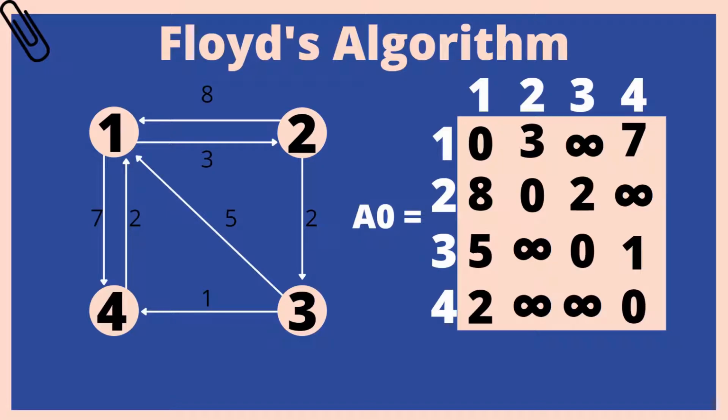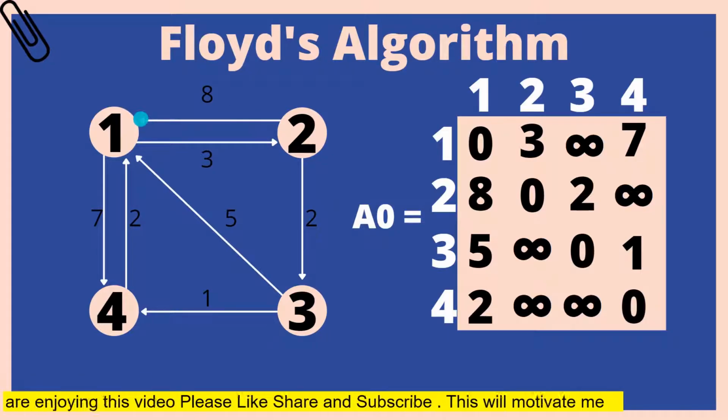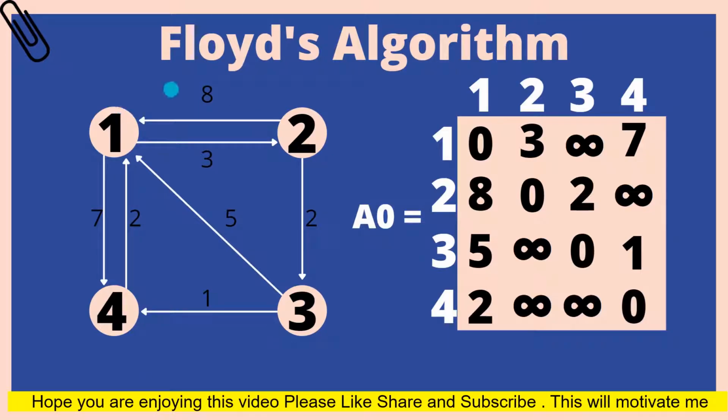So let us consider a bigger example. This is a graph with vertex 1, 2, 3, 4 and the weight of every edge is given. So in this case, from 2 to 1, the distance is 8. But is there any other way through which we can go from 2 to 1 and the distance would be smaller than 8?